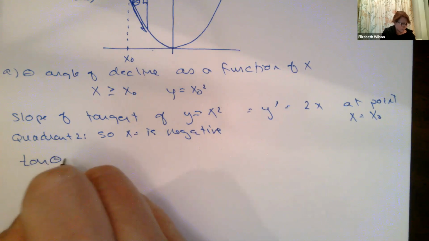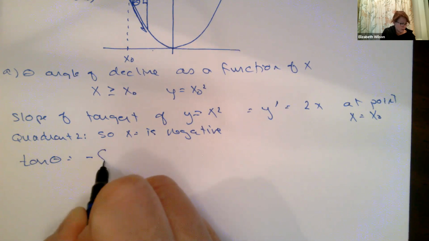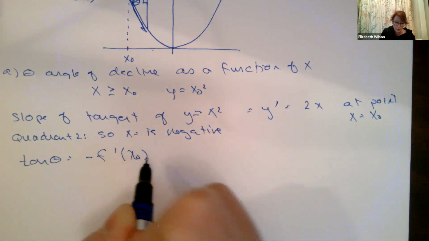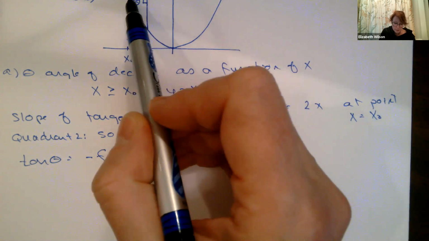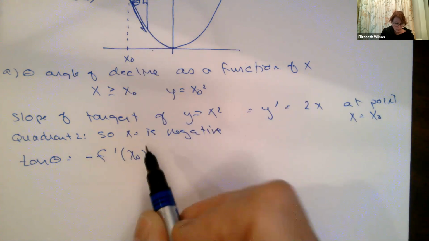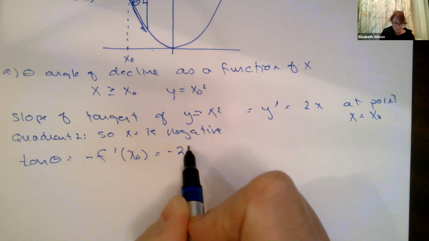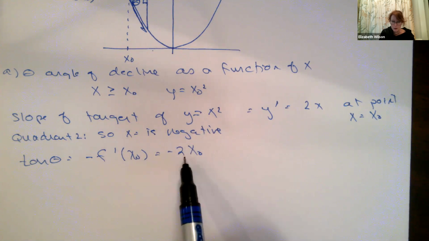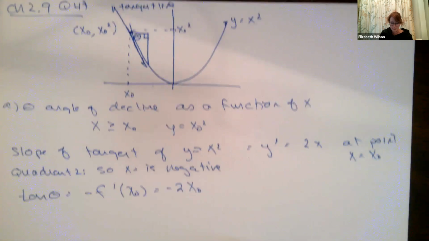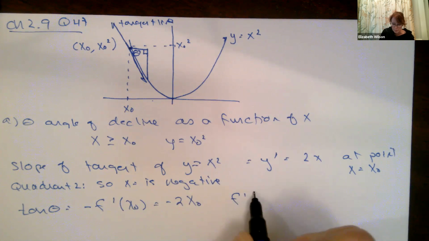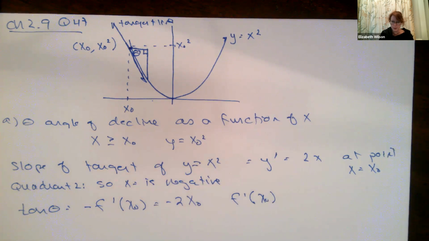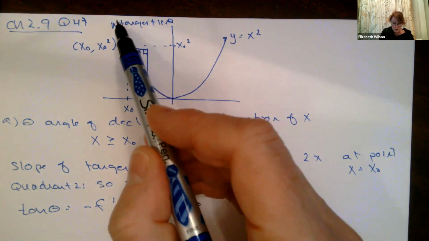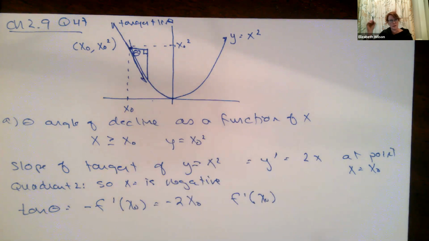So basically we're looking at tangent of theta equals minus f prime at x naught, which is equal to minus 2x naught. It's minus because x naught is going to be a negative number. You can see that in our graph: our tangent is a negative sloping line.